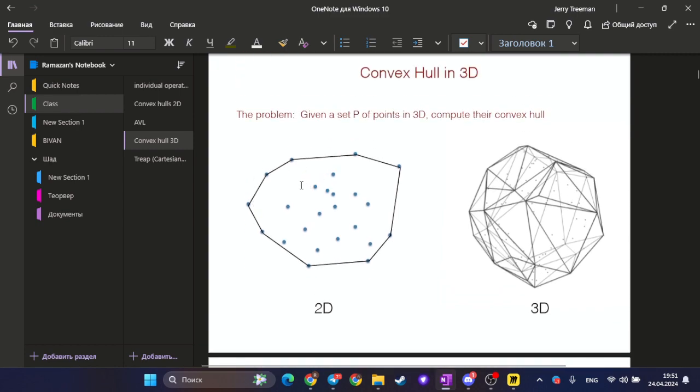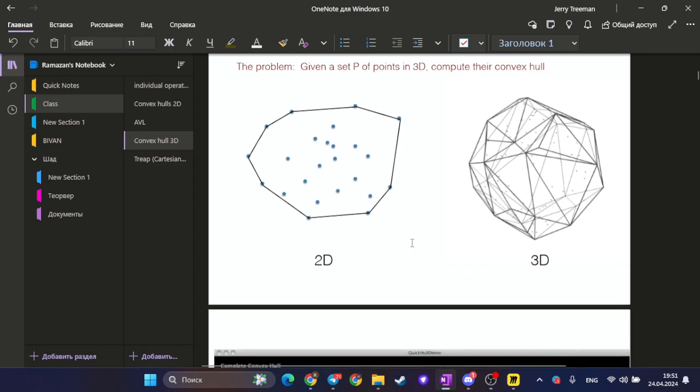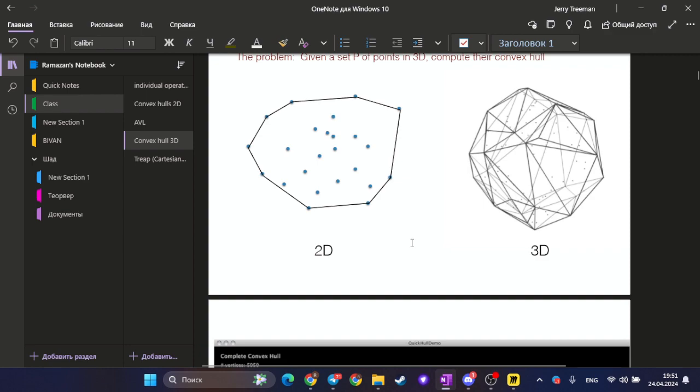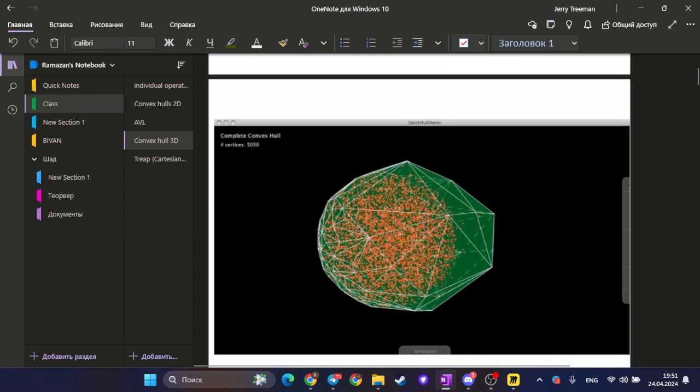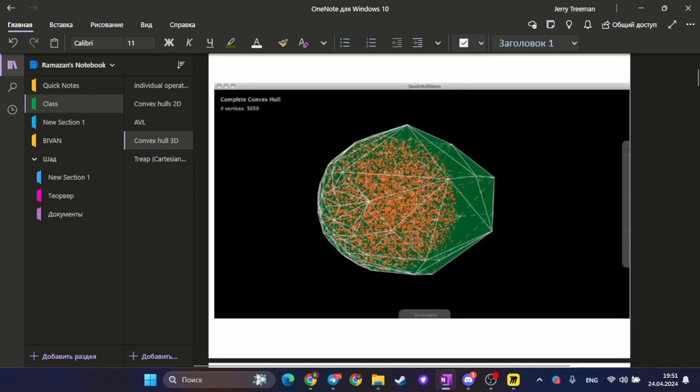So in the previous lecture we learned algorithms for how to find the convex hull for some points in two dimensions. Now we will learn how to find it in three dimensions. Okay, here's a demonstration of how it looks.